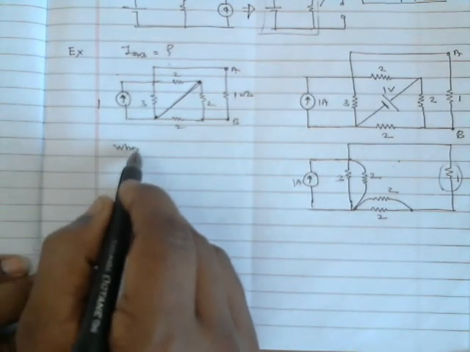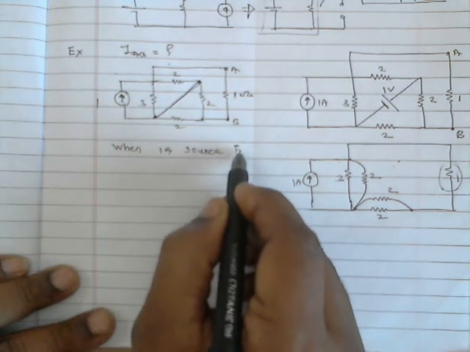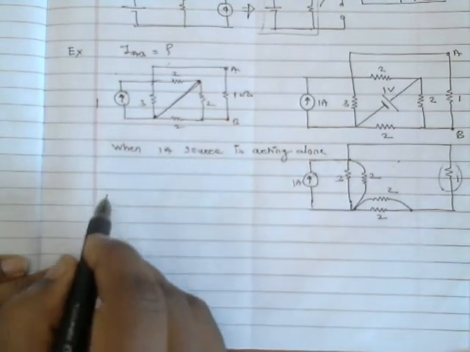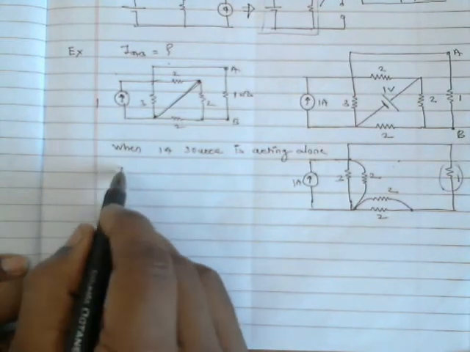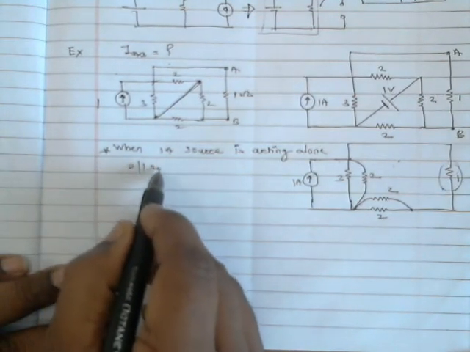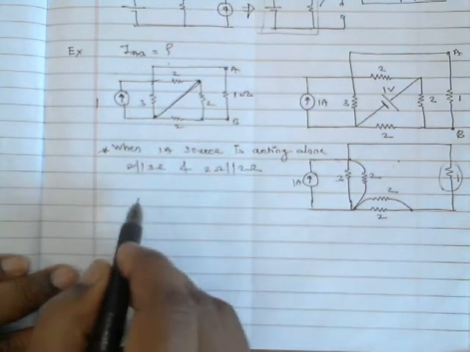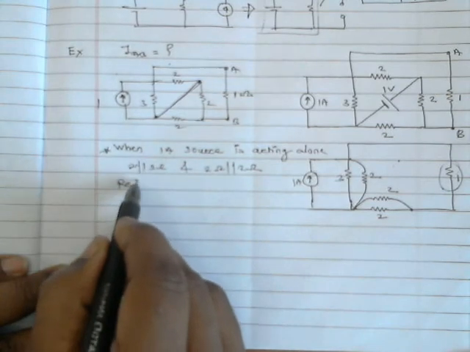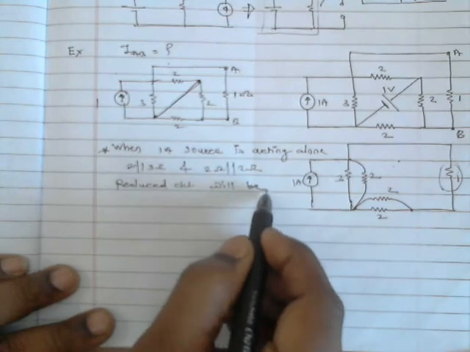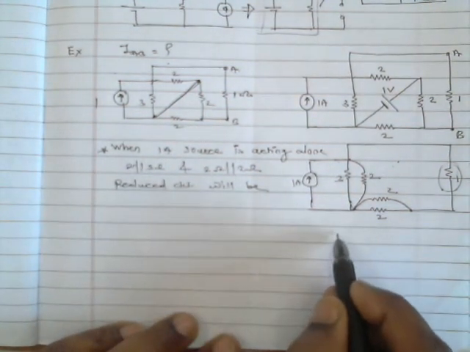When the 1 ampere source is acting alone like this, then 2 parallel 3 ohm and 2 ohm parallel 2 ohm. So the reduced circuit will be, similarly you can write it so that your answer will be more effective.